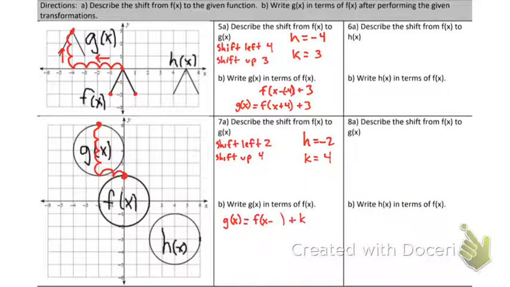That's going to be plugged in with -2. My k is 4, positive, so +4 there. And clean this up if you need to. So it's going to be f(x + 2) + 4, and this is going to be my g of x. Okay, I'll let you go ahead and try number 8, A and B as well.